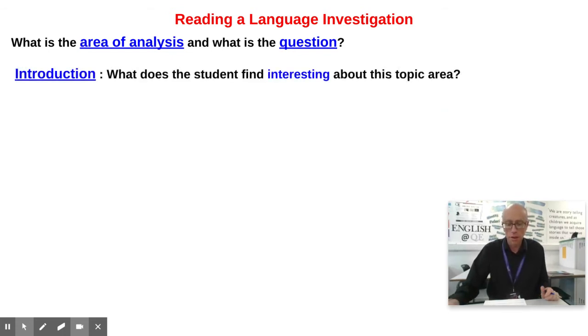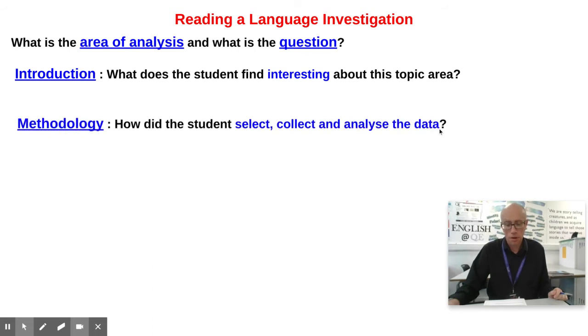You'd be reading the introduction, and you'd be thinking, well, what does the student find interesting about this topic area? You'd be reading the methodology, and you'd be making notes on how did the student select, collect, and analyse the data. Remember those 3 verbs: select, collect, and analyse the data.